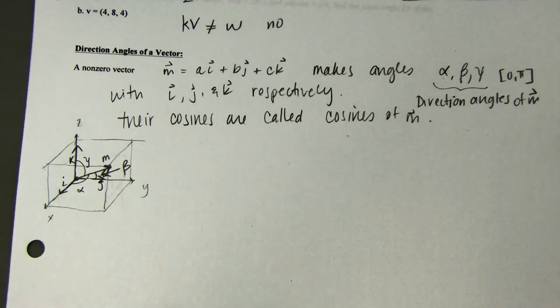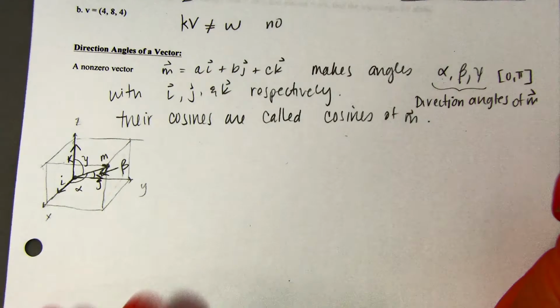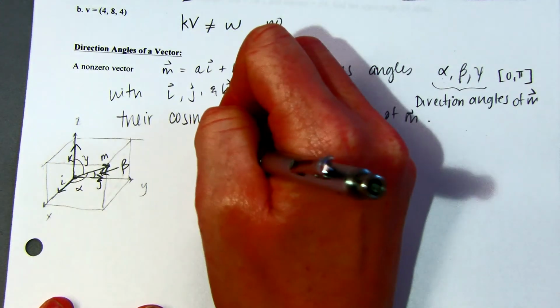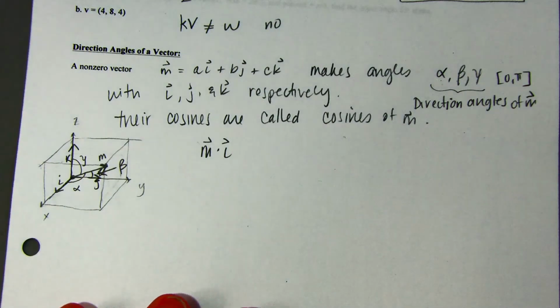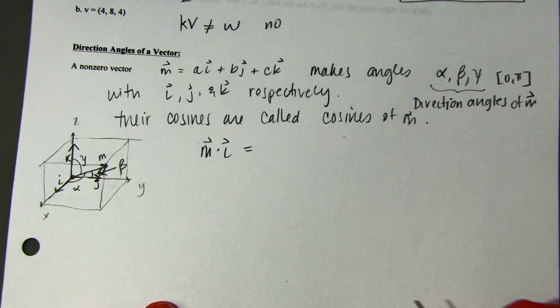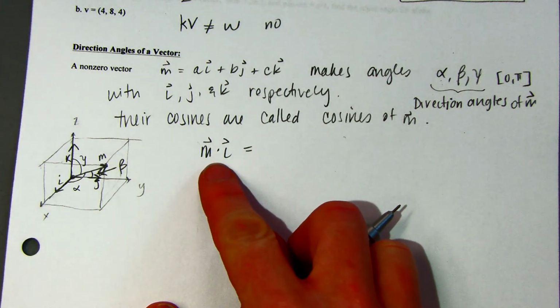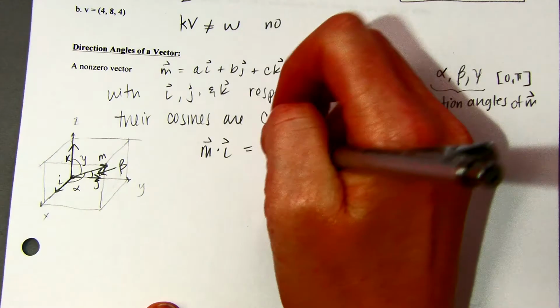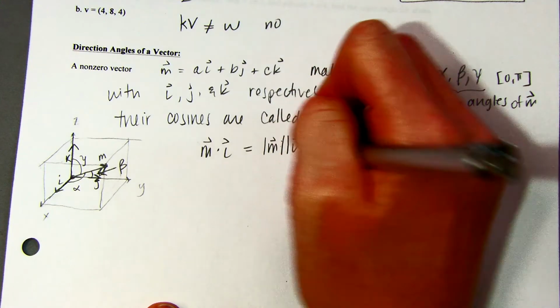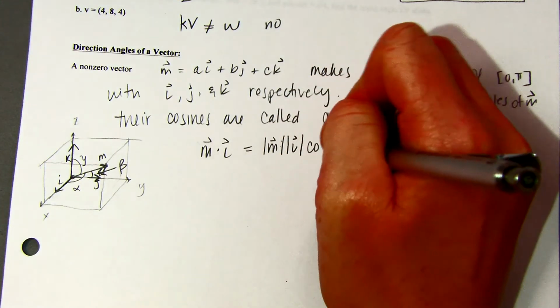Here's what you need to know. If I take the dot product of m times i, based on the definition of the dot product, this is the magnitude of m times the magnitude of i, cosine, in this case, alpha.